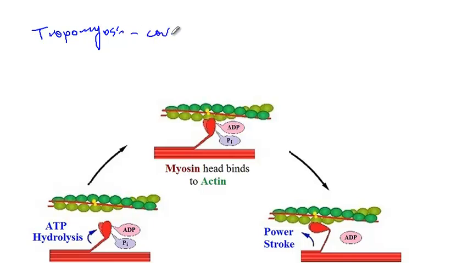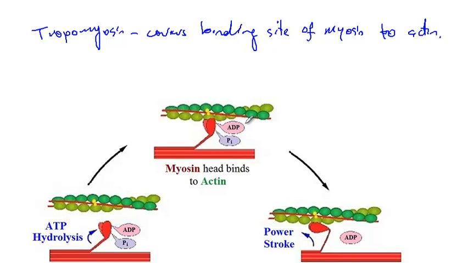So therefore, under relaxed state, like the example shown right here, the myosin fiber cannot bind to actin because tropomyosin is covering that binding site.